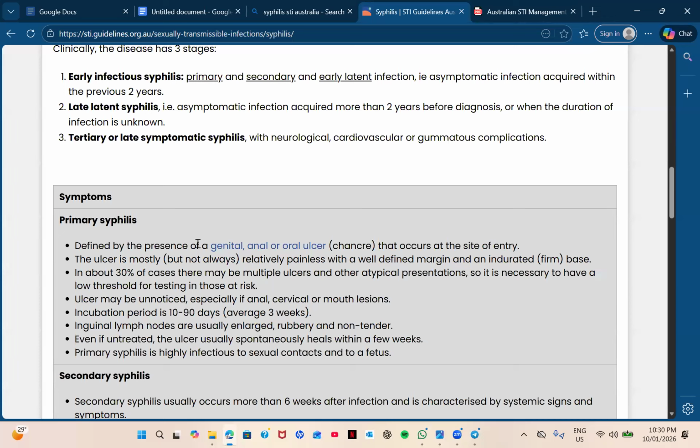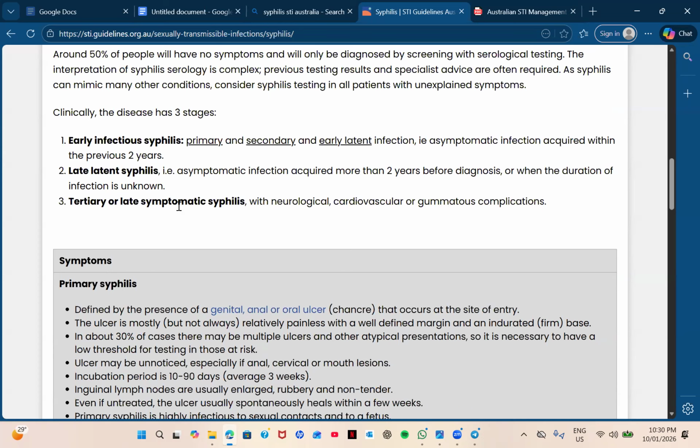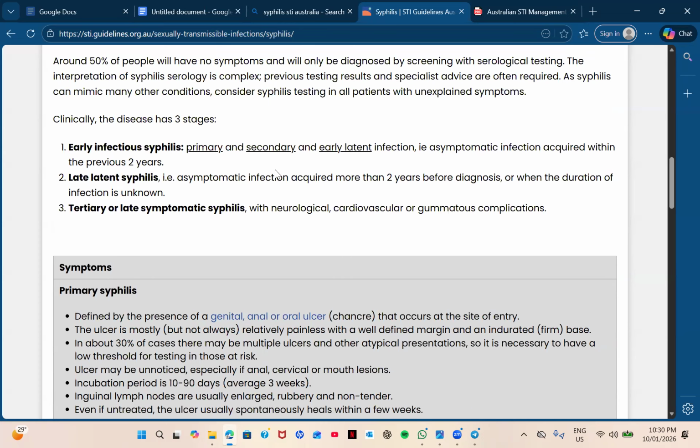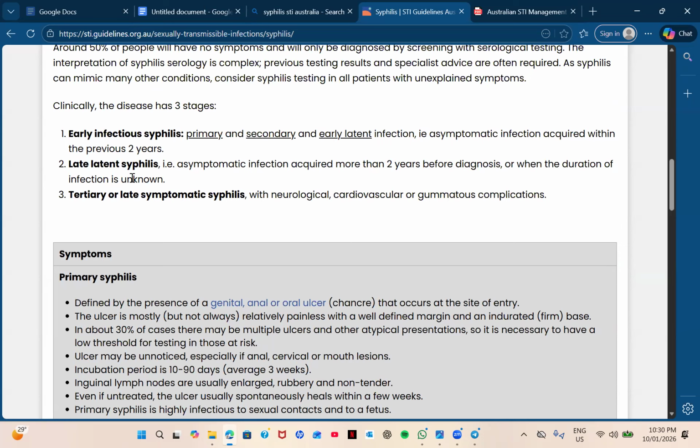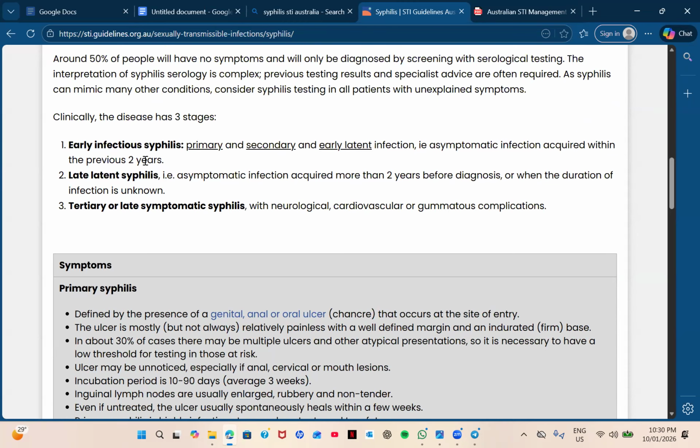So, the stages are early infectious syphilis, late latent syphilis, and tertiary or late symptomatic syphilis. Early infectious syphilis includes primary, secondary, and early latent infection. Don't worry, we will discuss them one by one.